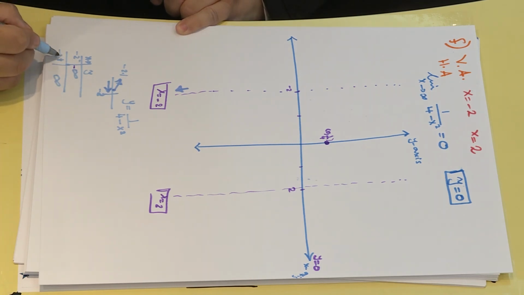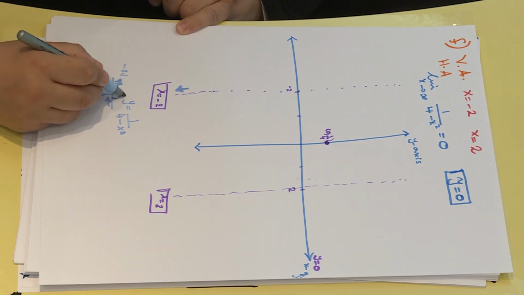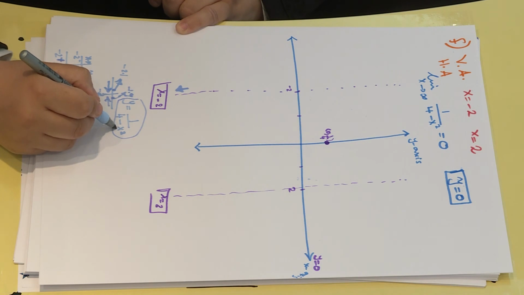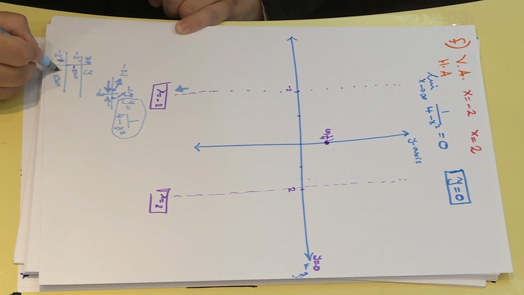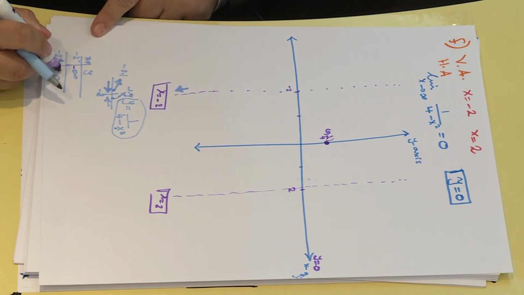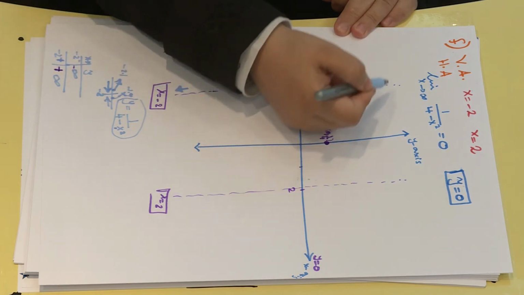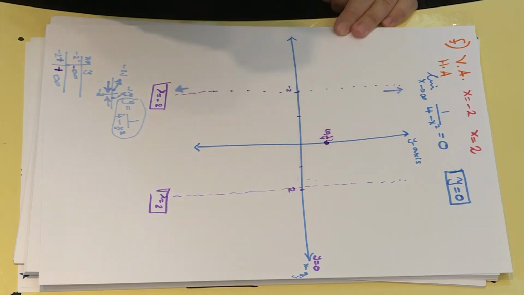Okay, when we get closer to -2 from the right, I take a value which is -1.9. If I plug -1.9 in here, I will get something positive. So we have a plus sign here. So to the right, when we get closer this way, there is a terminal part here.